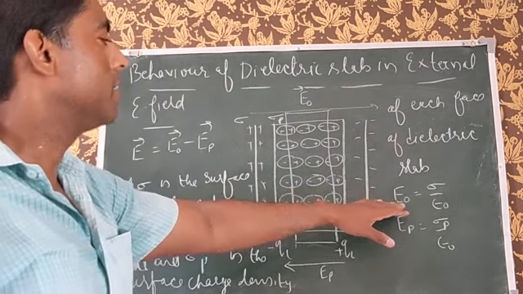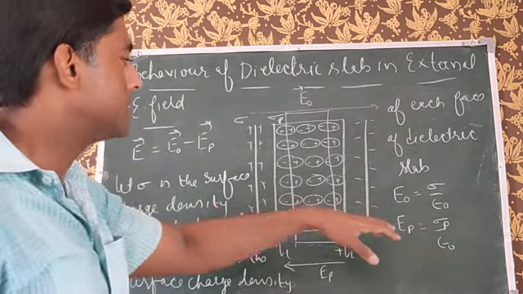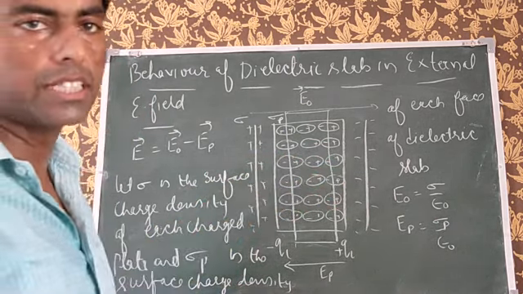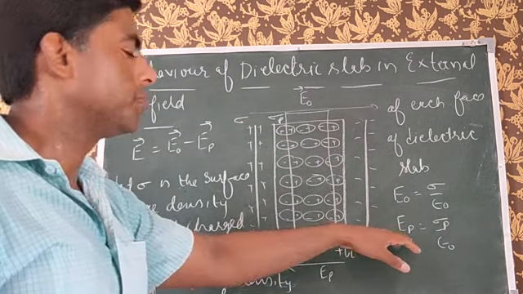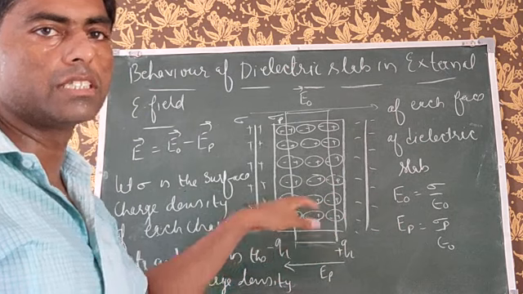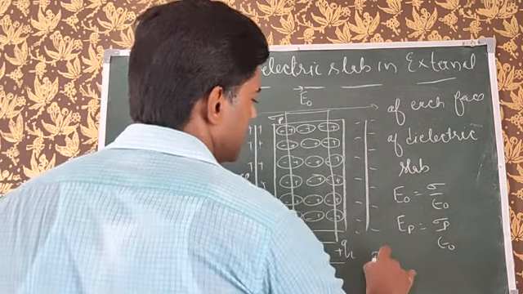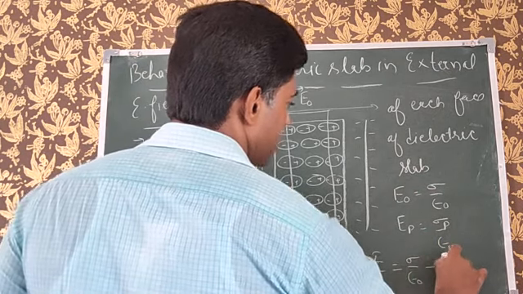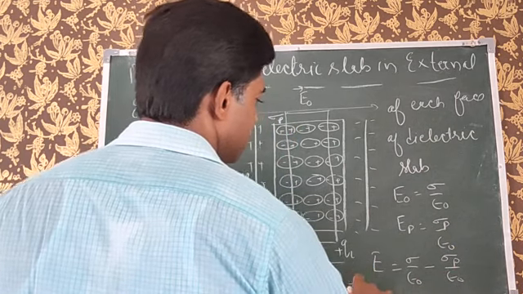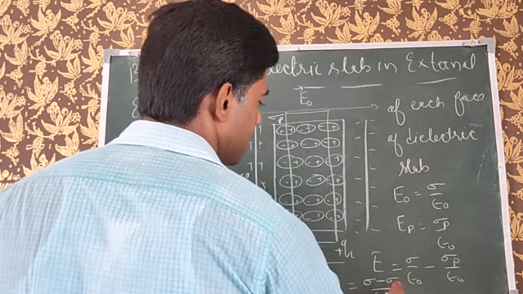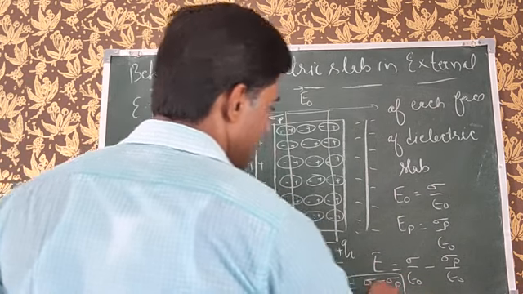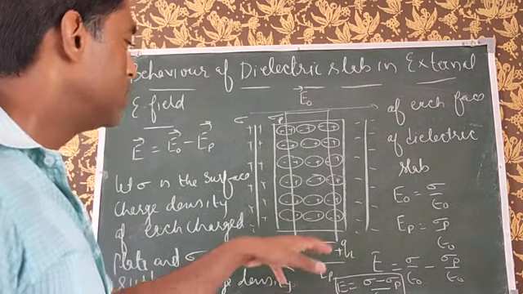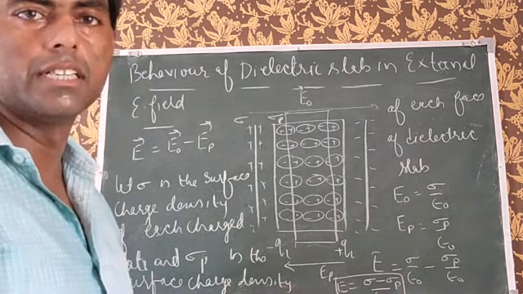This gives the electric field due to external plates, and this gives the electric field due to charge separation inside the dielectric slab, represented as EP, the electric field due to polarization of the dielectric slab. So the net electric field inside the dielectric slab is E naught minus EP, that is, sigma over epsilon naught minus sigma P over epsilon naught, which equals sigma minus sigma P over epsilon naught. This is equal to E. So this gives the net, reduced value of electric field inside the dielectric slab.